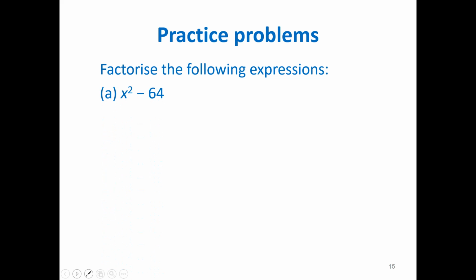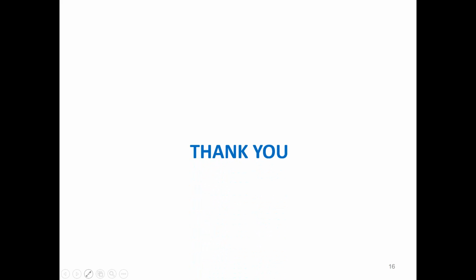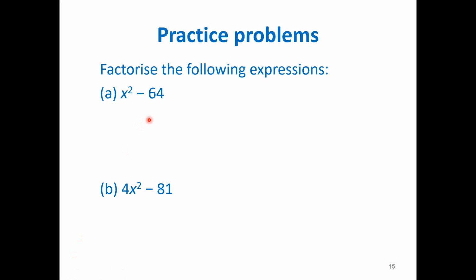Let's see some practice problems here. x squared minus 64. So let's write 64 as a squared number. Well, we can say this is x squared. And we have to look for the number that if we square it, we will get 64.